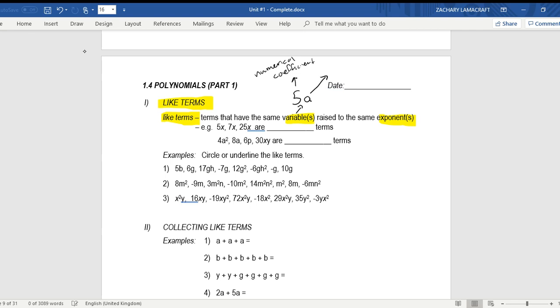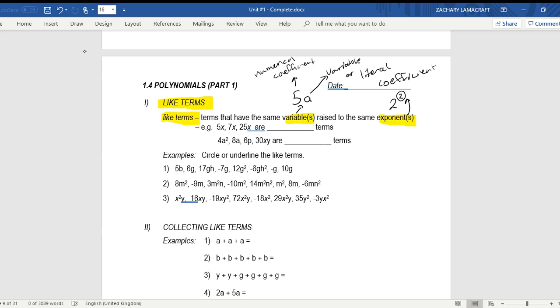And this is what we call our variable or literal coefficient. Okay, and an exponent, as we know, if we have a number, it's this superscript up top, which is our exponent. So for a term to be like, they can have different numerical coefficients, but they must have the same variable and they must have the same exponent.